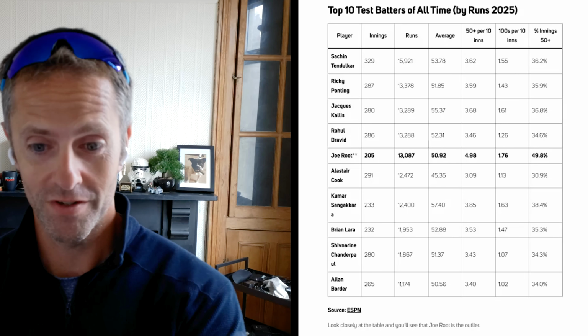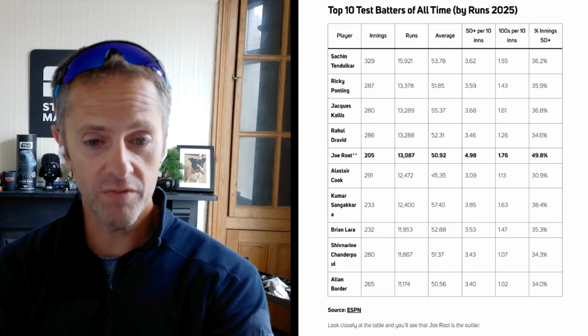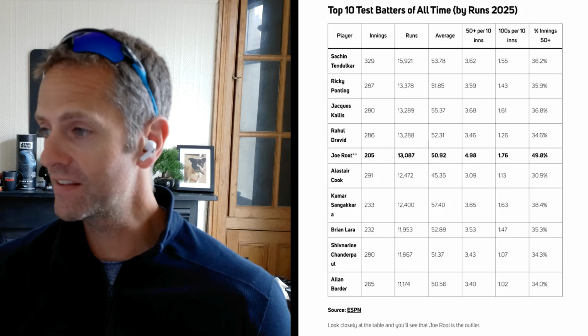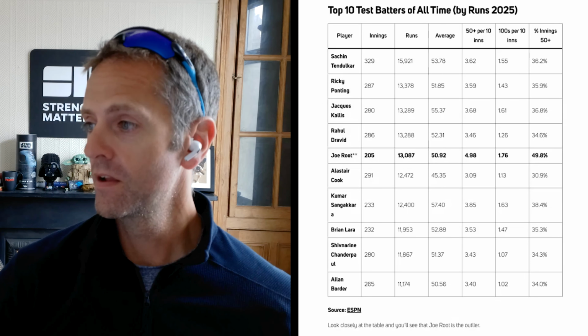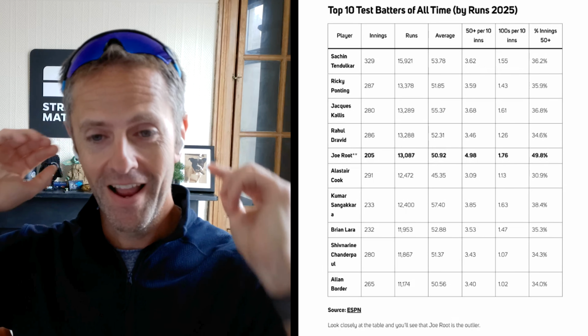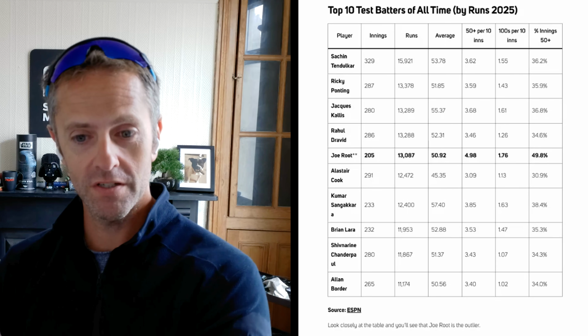So he's hitting 1 to 2 centuries every 10 innings, and he's hitting 50 or more every 3 to 4 innings, okay? Which means it's a percentage conversion of 36%. Everyone would probably think over 50 constitutes success.